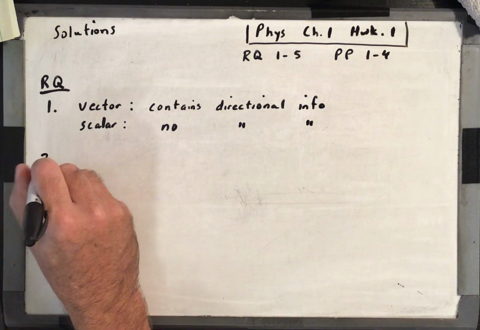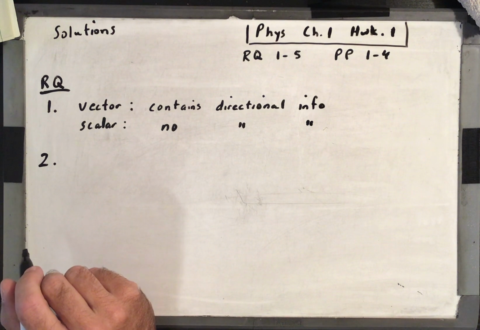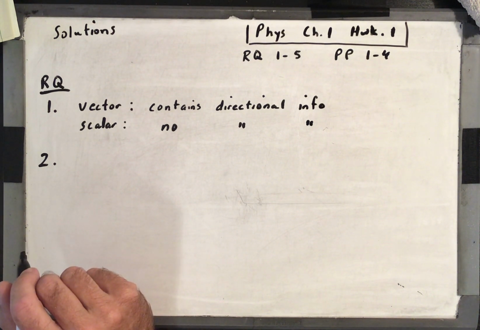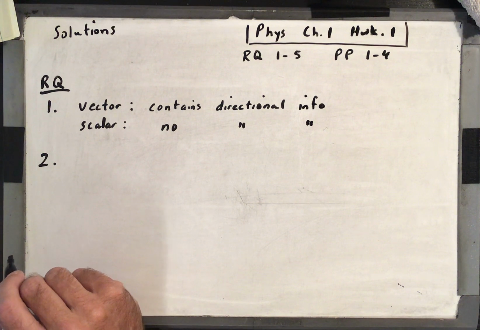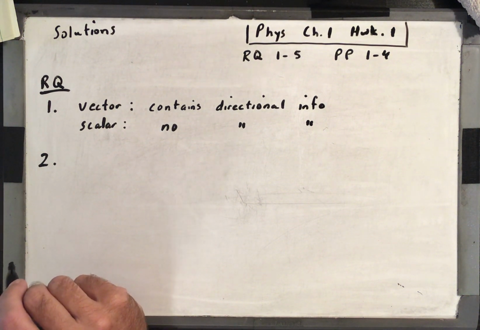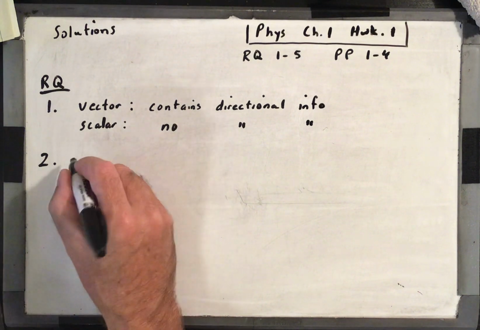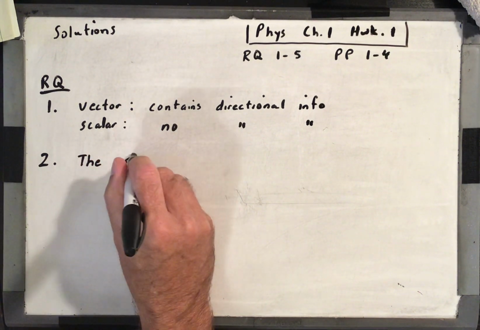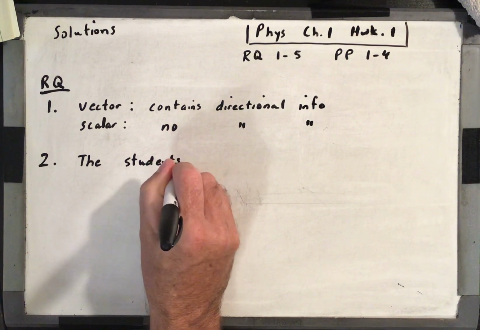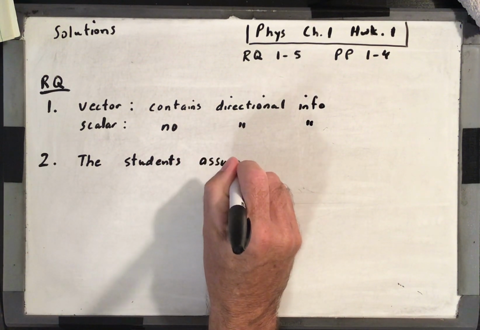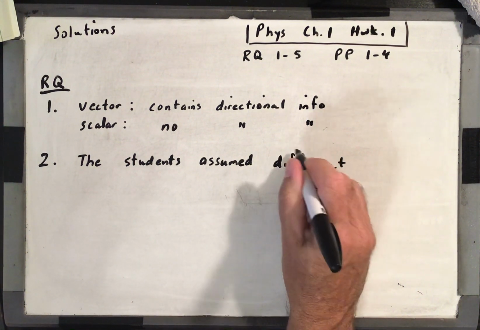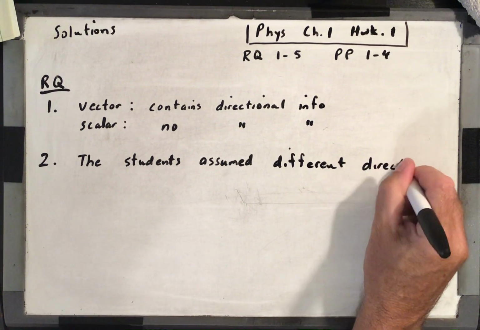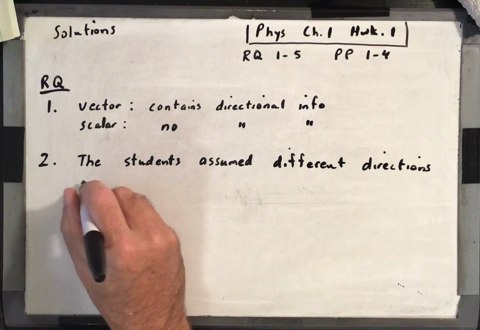All right, number 2 says, on a physics test, the first question asks the students to calculate the acceleration of an object under certain conditions. 2 students answer this question with the same number. The first student's answer is positive, while the second student's answer is negative. The teacher says they both got the problem 100% correct. How is this possible? Well, the students assumed different directions as positive.